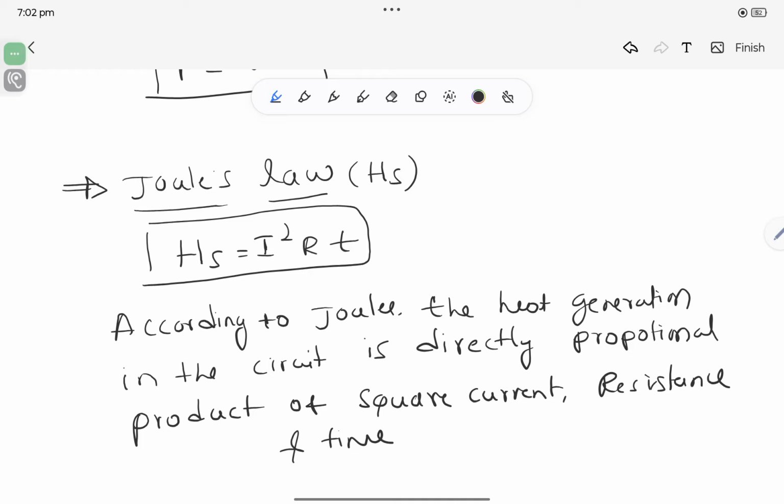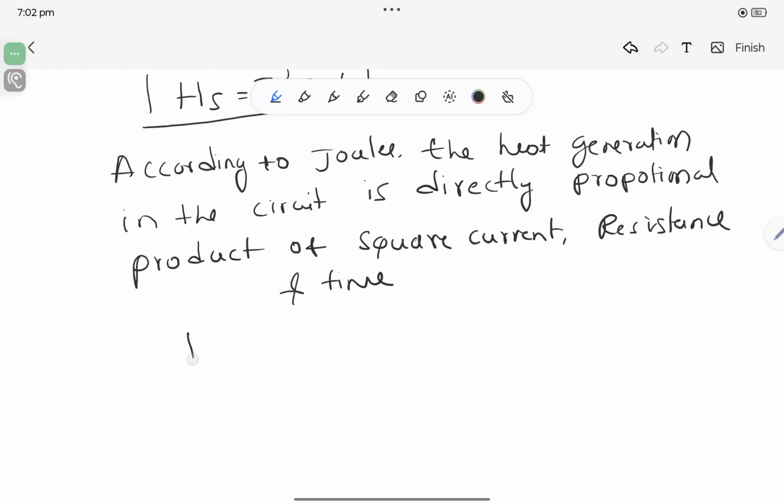That is Joule's law. That is, Hs is equal to I square into R into T.